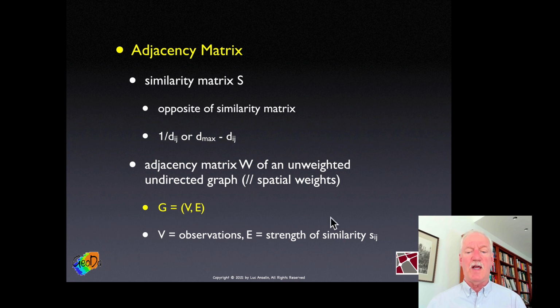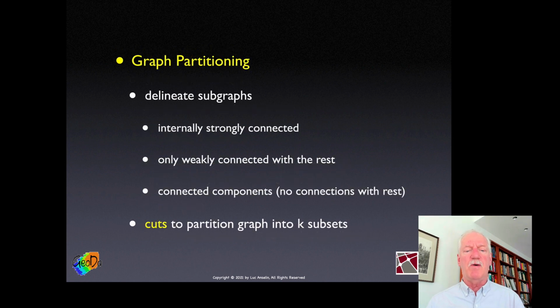And the strength of the connection is the similarity between i and j. So it's not a distance matrix, it's the opposite of a distance matrix, it's a similarity matrix. And so we'll use this adjacency matrix to find groupings in the data after transformation. It seems a little abstract at first, but I think it will become more concrete.